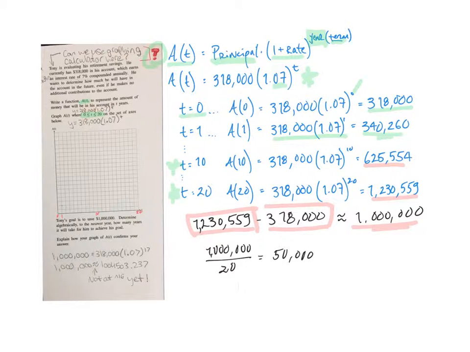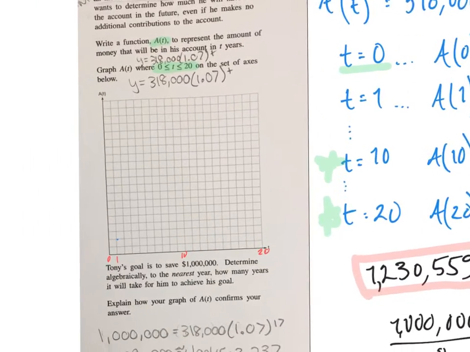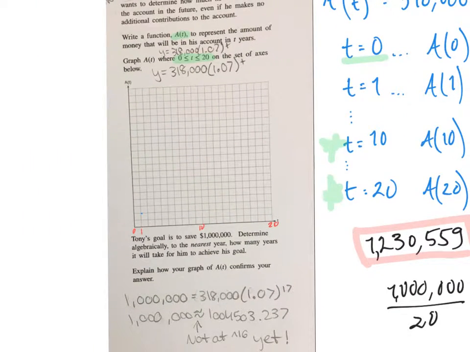So if each tick represents $50,000, we need to represent a range of $1 million from the bottom to the top. Now, if we were to start at $50,000, our first unit would be 50,000 and we'd end at the top at 1 million.